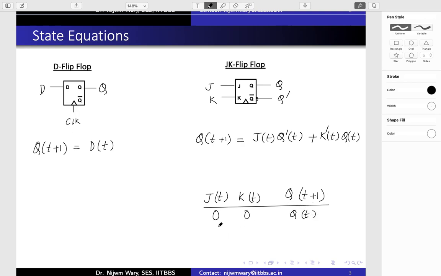And of course if it is 0 1, then J is 0 and K is 1.